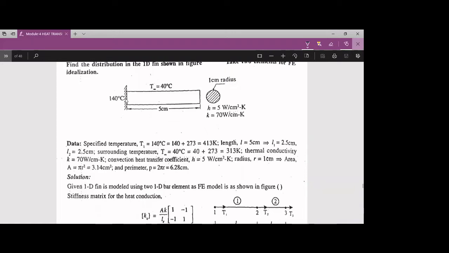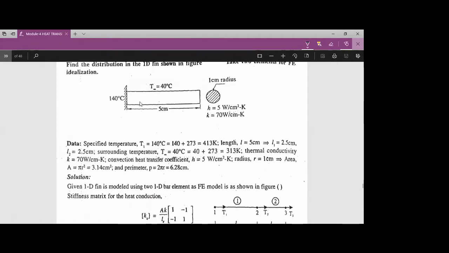As we specify this temperature, with reference to it we are going to find the temperature throughout the length of the fin. So we must know one temperature. By using that temperature only, we can find the temperature at different points or different lengths. If you don't know the input, how can we find the temperatures?